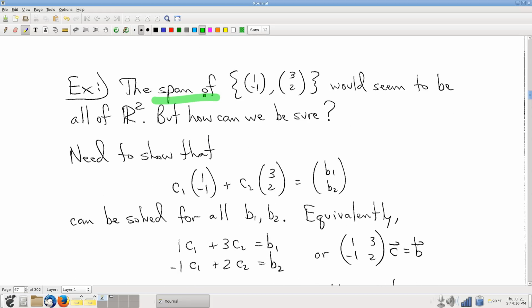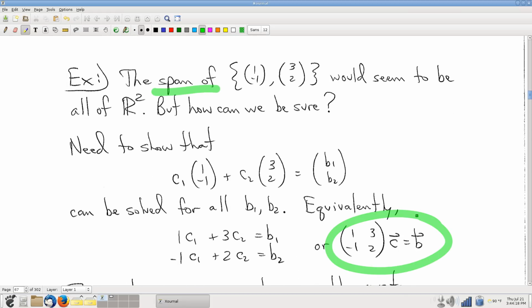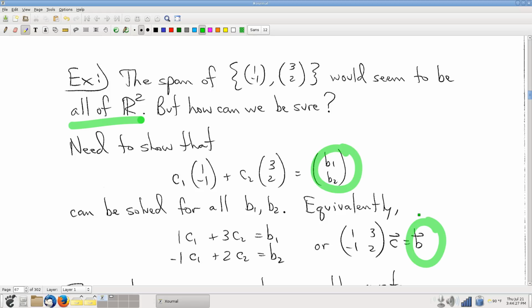We've shown now that it can be reduced to a matrix equation that we need to understand. Specifically, I need to know that for every vector b, this equation can be solved for this vector c. Right? So, said differently, I need to show that this matrix has the existence property.